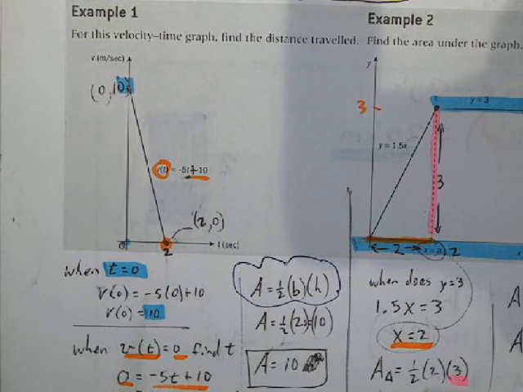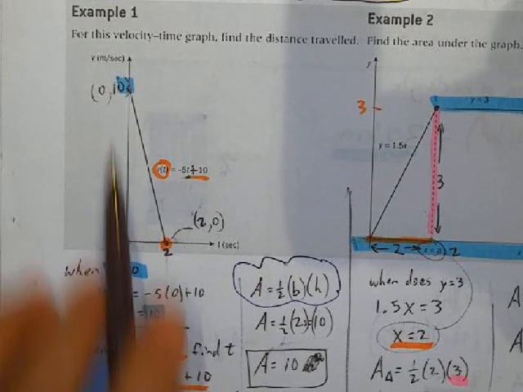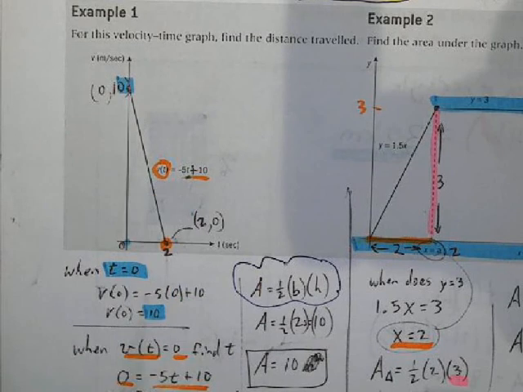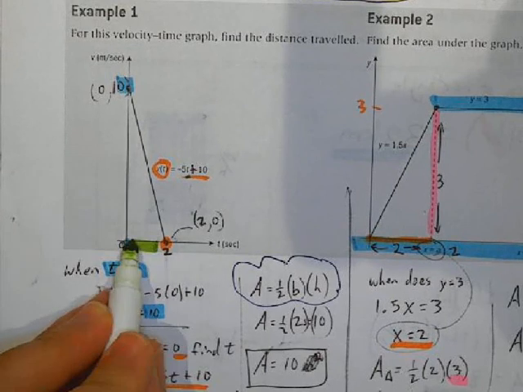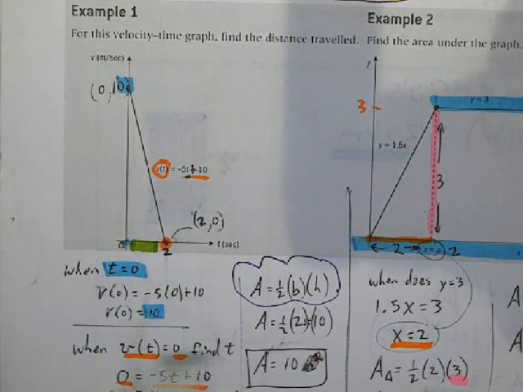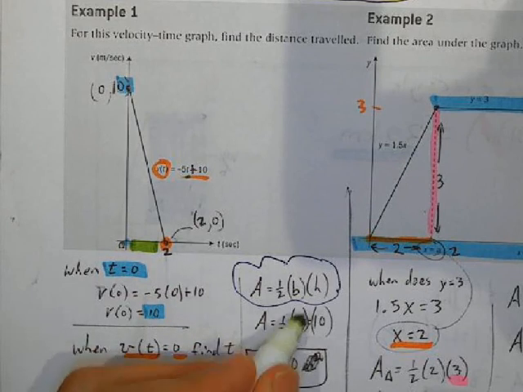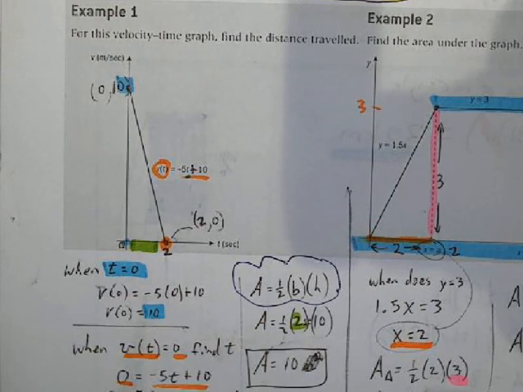Okay, so now that I've got these coordinates here, I can find the area. So this distance from here to here is my base, 2.